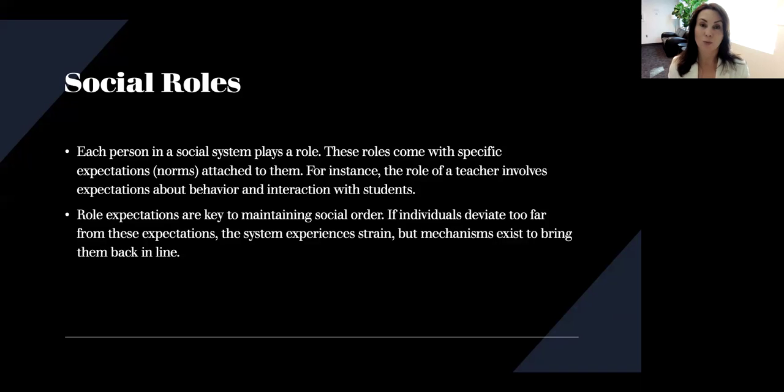For example, if one of you is not doing your job as a student, it still should be all right. The person might fail the class or something like that. But if there are thousands of students that are not doing their jobs as students, then there will be a strain in the system. But there are certain mechanisms that exist to bring them back in line.